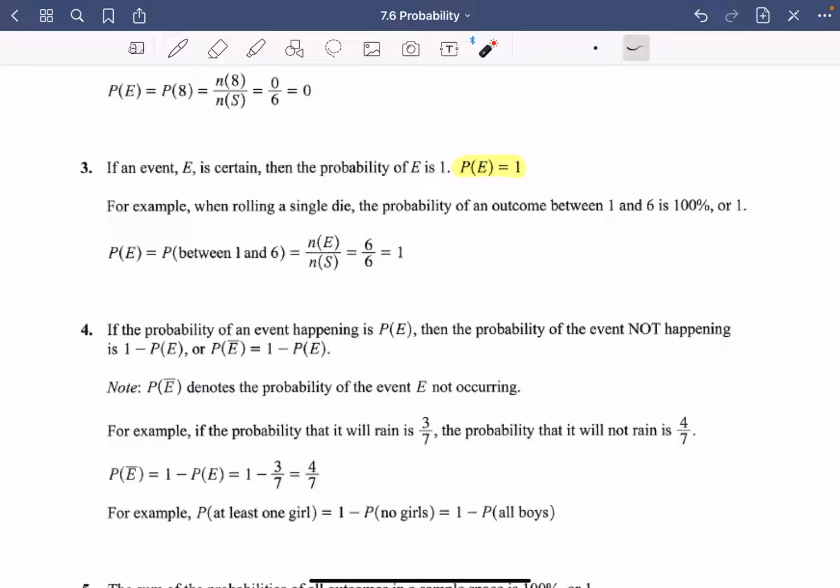If you want an outcome that's between 1 and 6, then it's going to be 100%, because it doesn't matter which number you get. So the number of outcomes in the event is 6, the sample space is still 6, and 6 divided by 6 is 1.